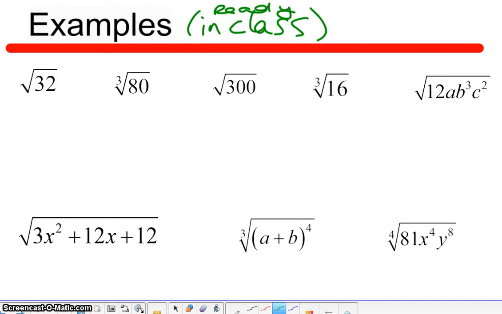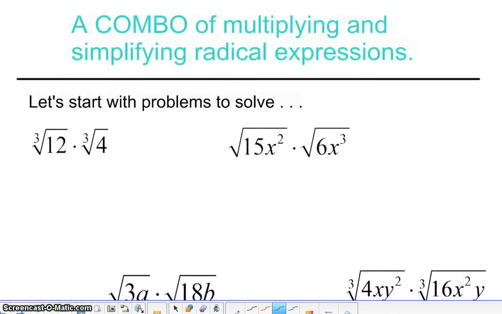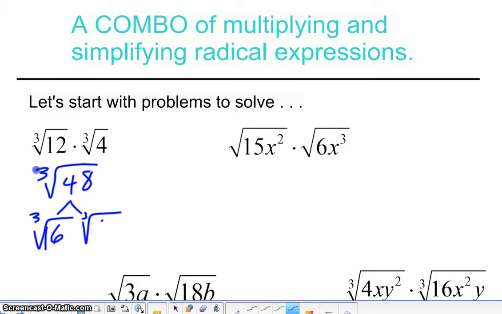do more problems. This is more of a combo of multiplying and simplifying expressions. So before they were all together into one, now they're apart and we're going to pull them together. Okay? So on this first one, we're going to multiply 12 times 4 to get 48 and then see if it can break down. 48 is not a perfect cube. So we're going to split it into something that is, which is 16 and 3.